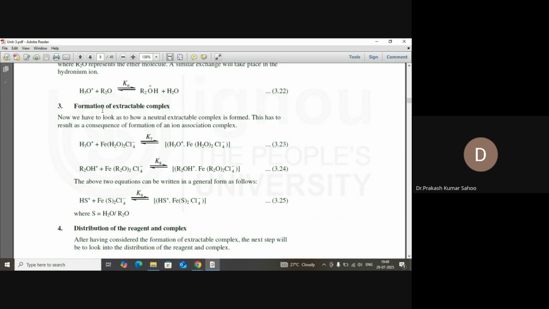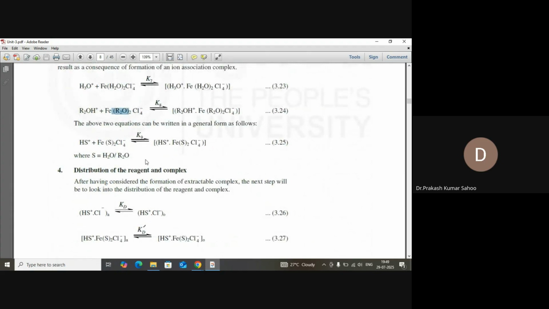Then formation of the complex. So this hydronium ion reacts with the tetrachloride salt to form this complex, and this R2OH will react with the ether complex to form this complex.